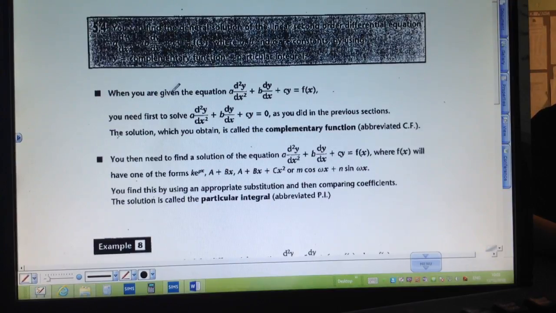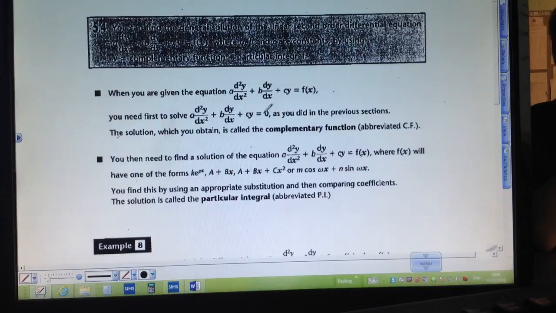So when you're given the function of x in this type, this is linear because these are all constants, and you've got d2y, dy and y, all with respect to x, and you've got a function here. So it's a linear, non-homogeneous differential equation.